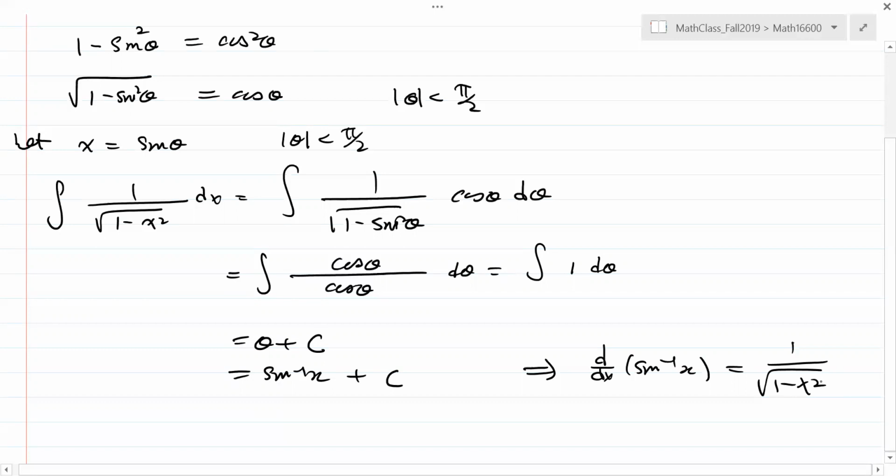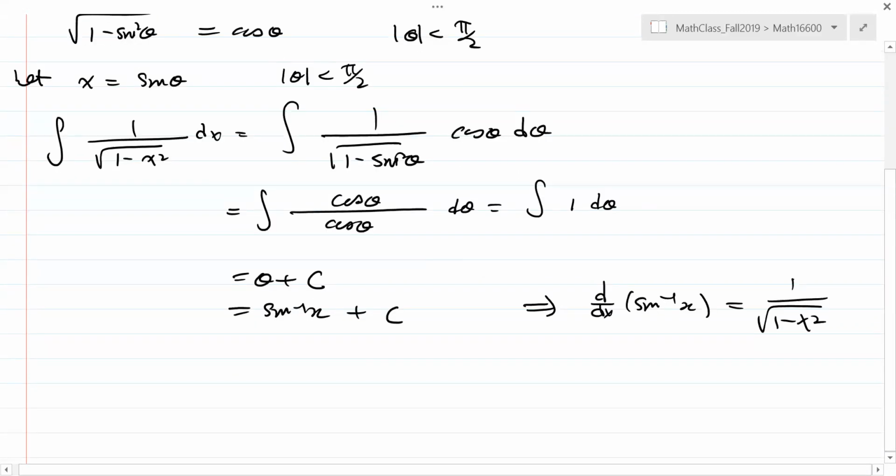But now I use the substitution. You integrate this function and find that the integral is arc sine x. Then you conclude that the derivative of arc sine x is 1 over the square root of 1 minus x squared. So this is a good example to begin with.